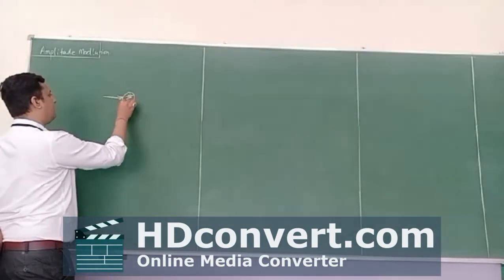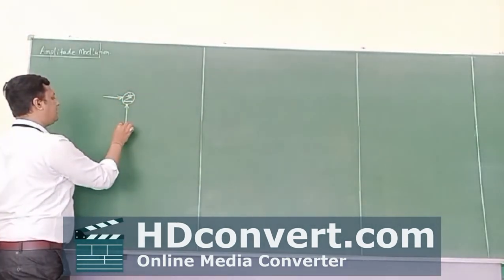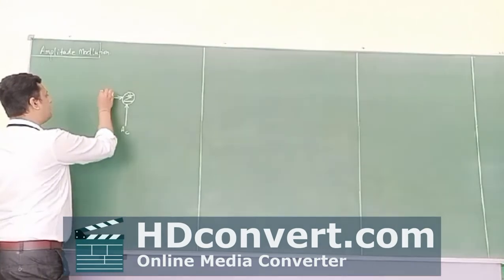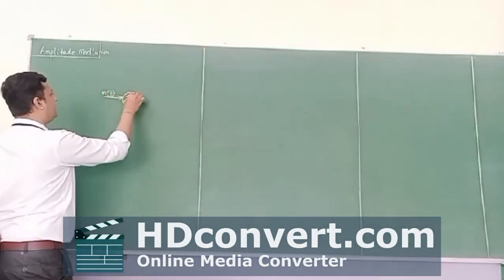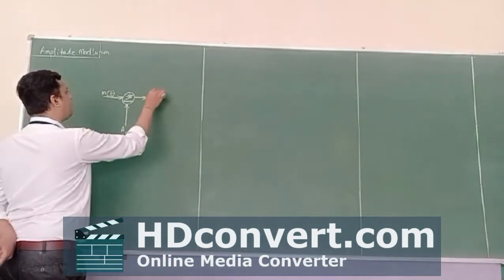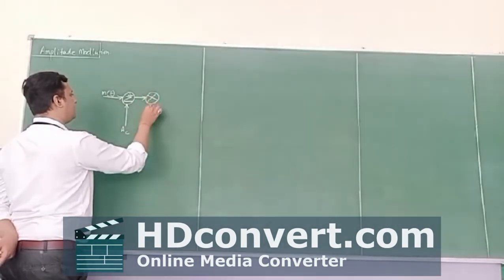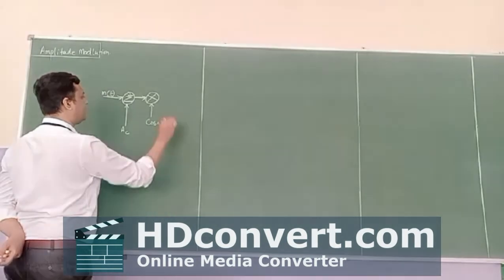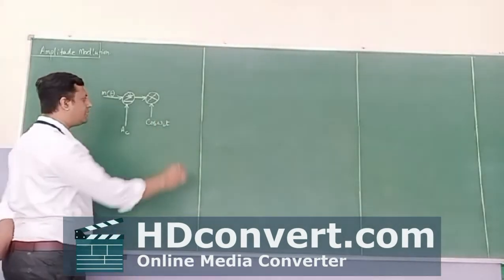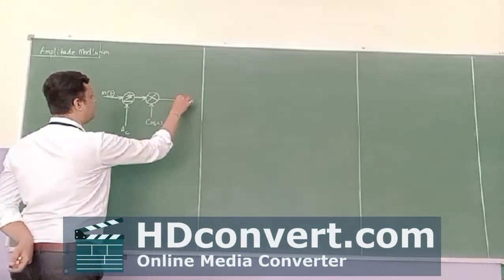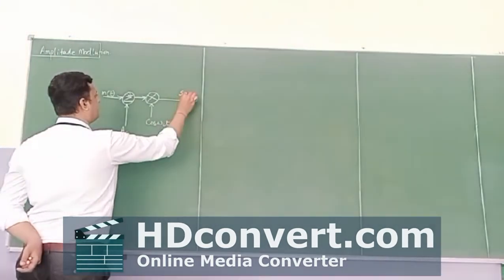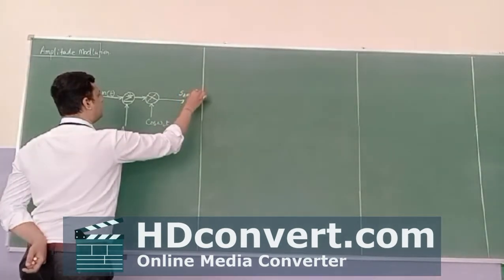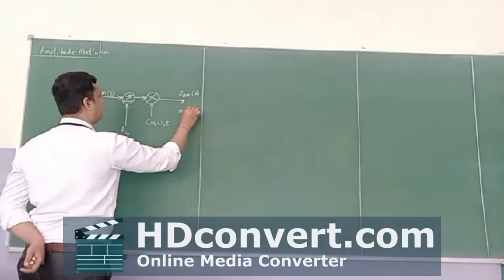Now last class we have seen that this is the summation in which carrier amplitude, modulating signal combined with provided in the mixer in which carrier component frequency, that is cos omega ct, is available, and then we are getting s suffix am of t. This is the modulated signal.